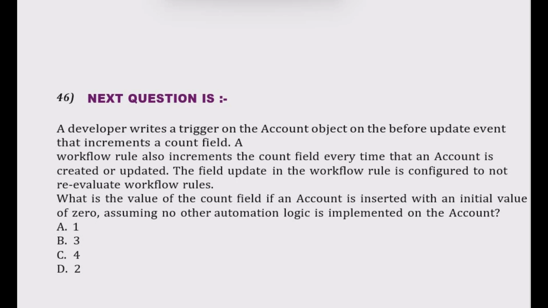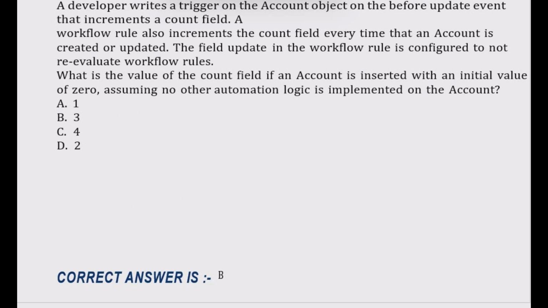What is the value of the count field if an account is inserted with an initial value of 0, assuming no other automation logic is implemented on the account? Option A 1, Option B 3, Option C 4, Option D 2. Correct answer is option B.